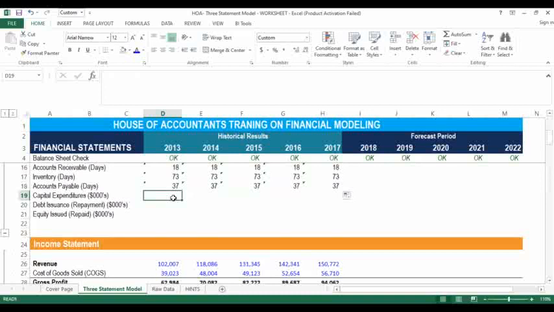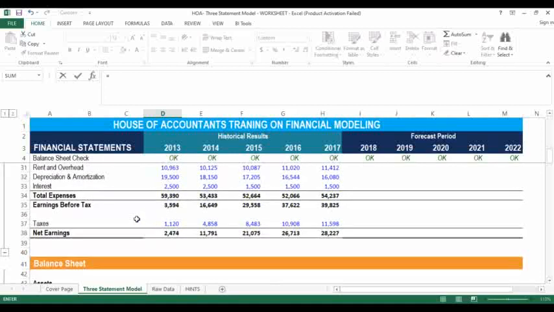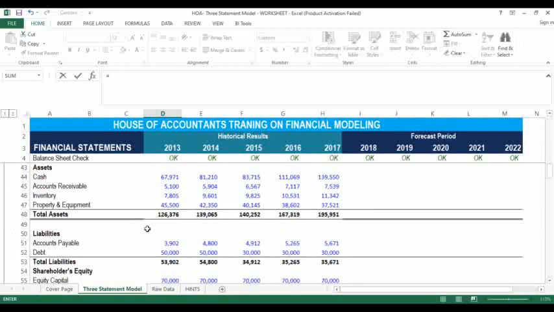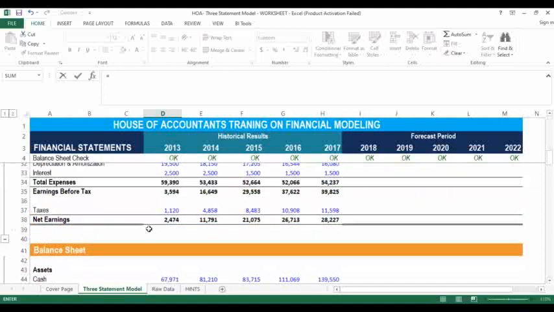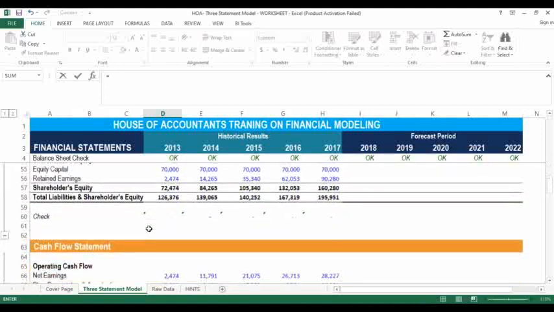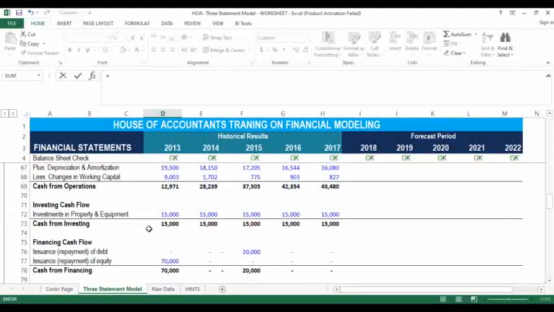Then capital expenditure. Our capital expenditure, we'll just pick it directly because it's a fixed asset. So we just pick it from here. That will be addition to asset. That will be under cash flow.